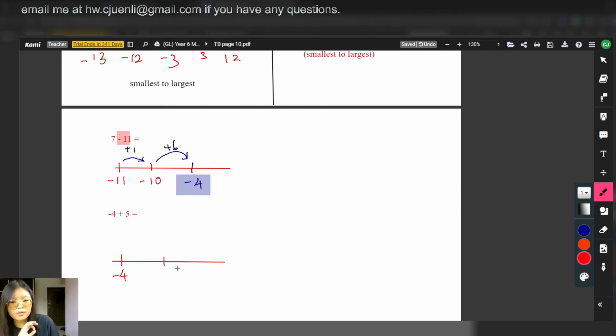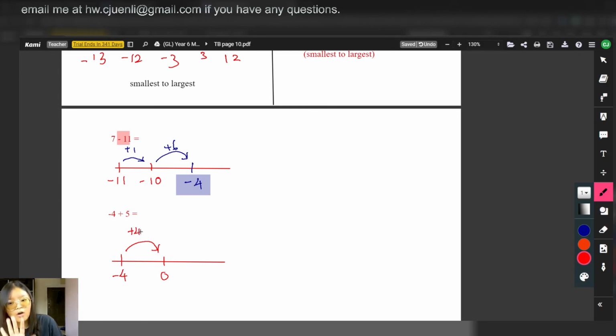So when we're going to positive numbers, you can actually draw one by one, negative 3, negative 2, negative 1, but I like to save my time so I can have more time to do other questions. So let's say we plus 4 and then we get 0. Then we stop over there first.